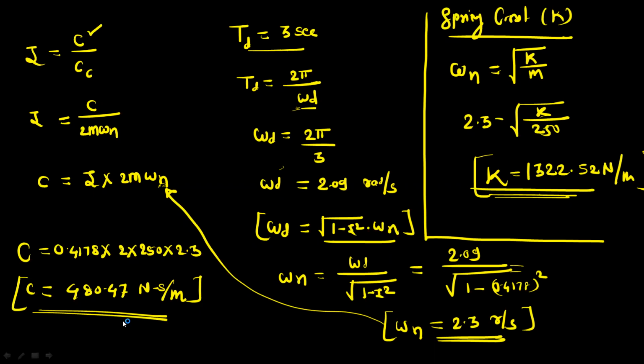Whenever you solve problems on damped vibration for an underdamped system, you should know these formulas. You can note them down. First is the natural frequency, omega n, and the formula is square root of k by m. This is only for a simple spring mass system.